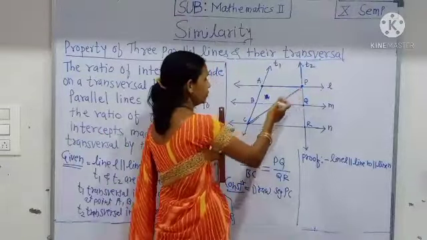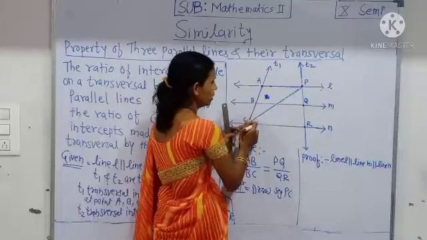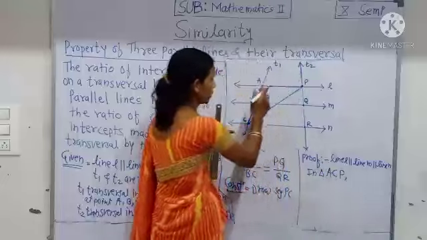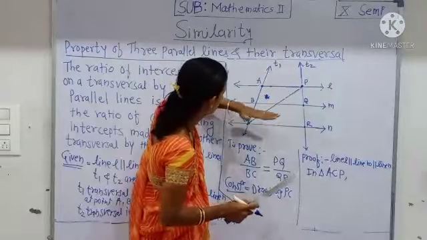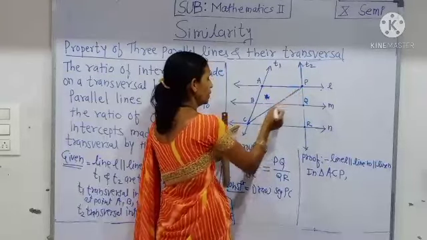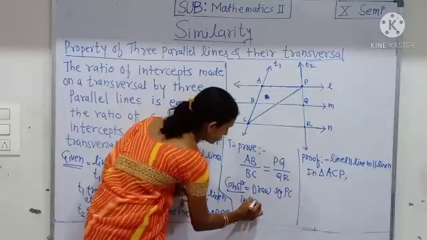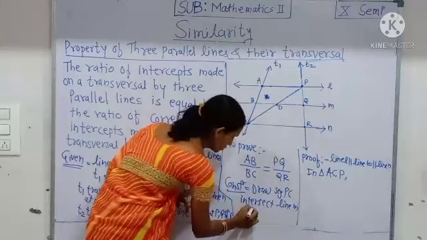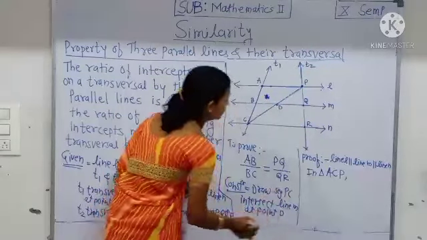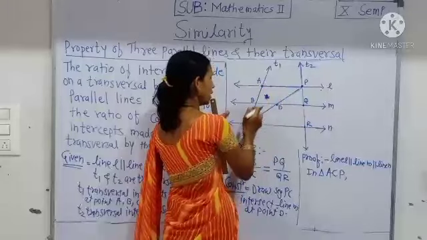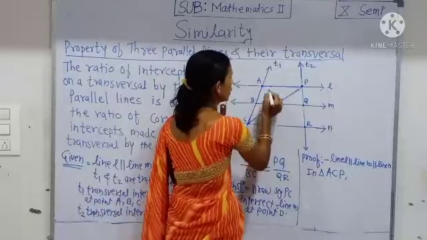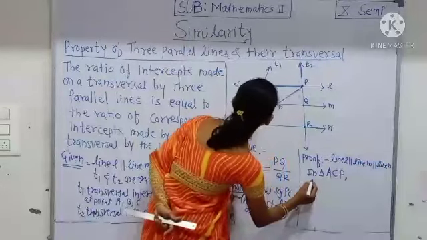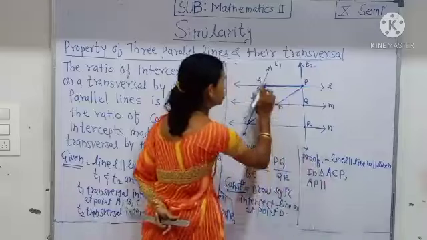Then PC is drawn in triangle ACP, and it intersects line M at point D. In triangle ACP, BD is parallel to AP, because line L is parallel to line M.